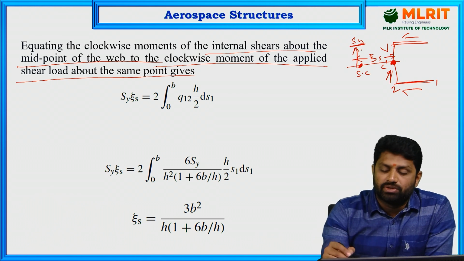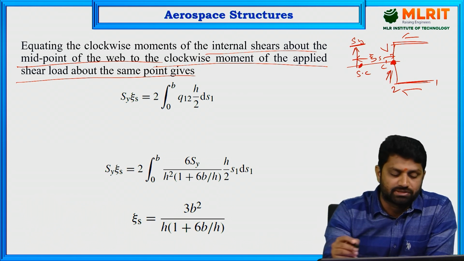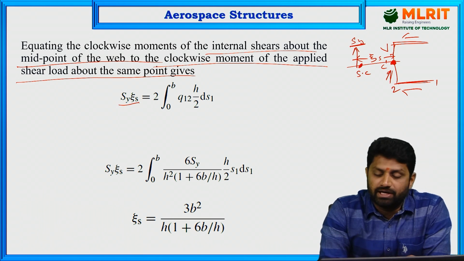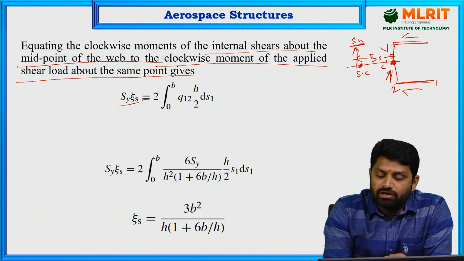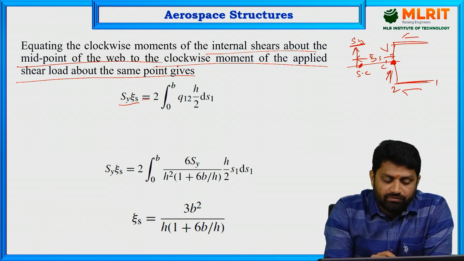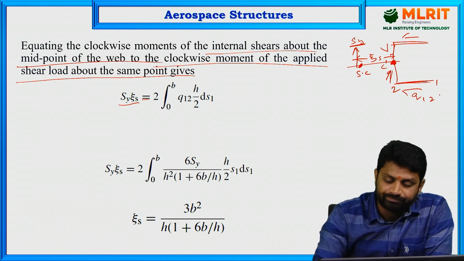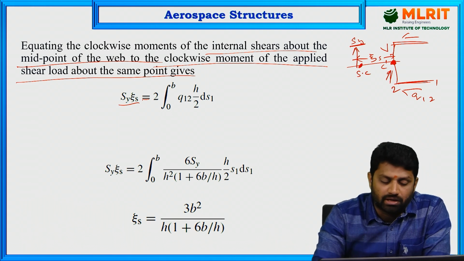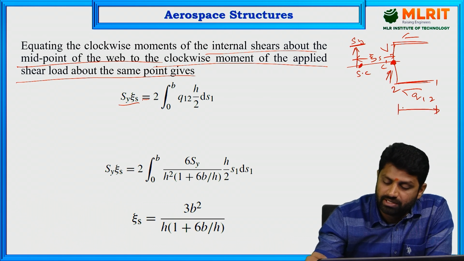SY is the vertical shear load, and zeta S is the perpendicular distance. So on the left side we write SY into zeta S as the moment, and that should be equated to the moment due to shear flows. Here we got the distribution, and the distance from here to here is B.